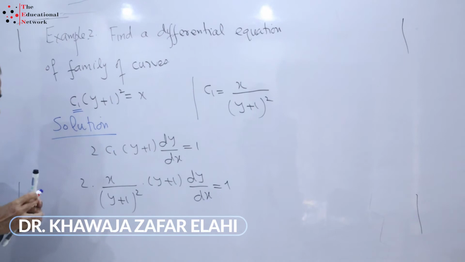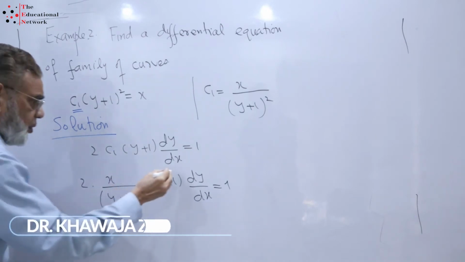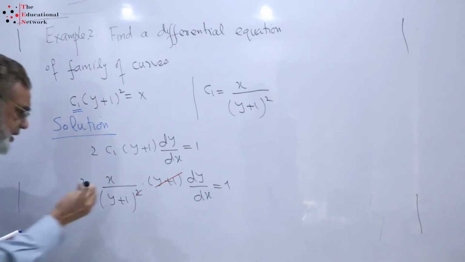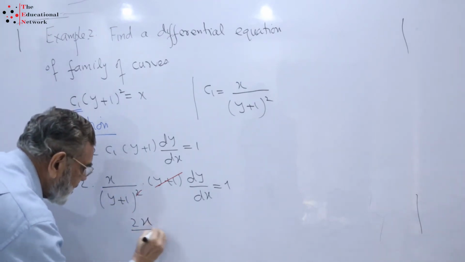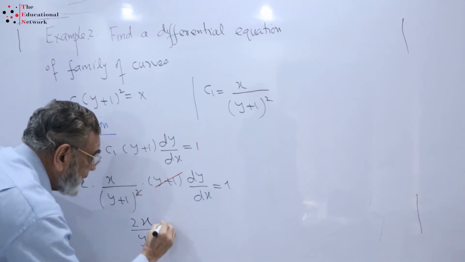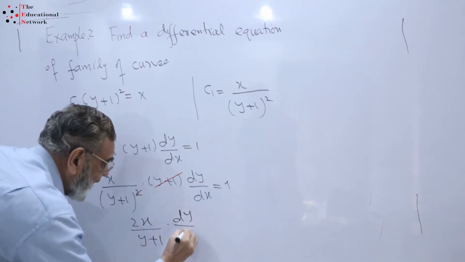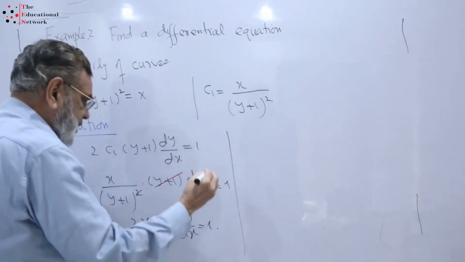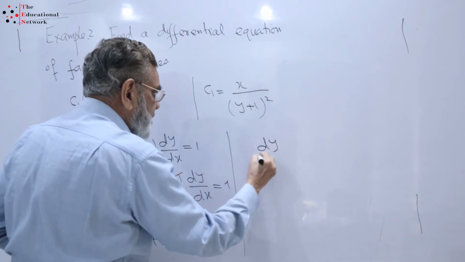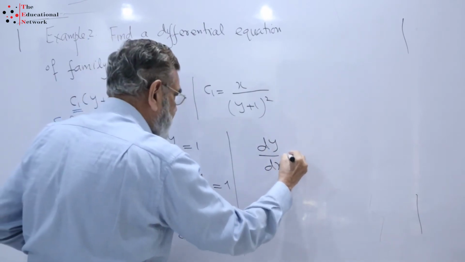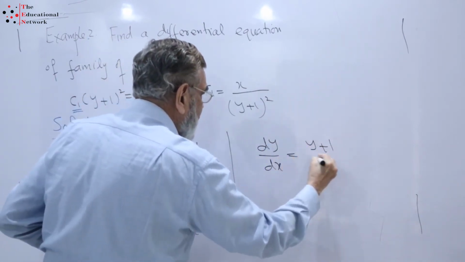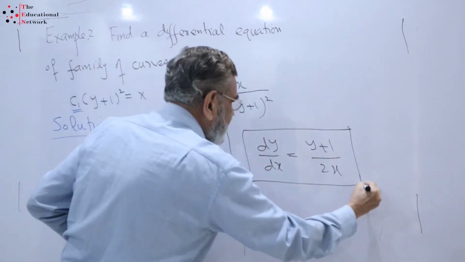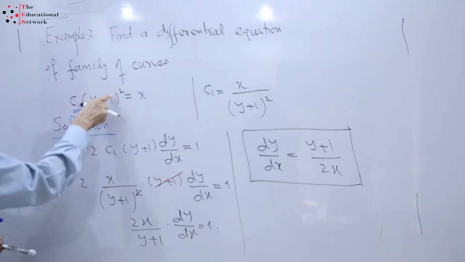We can cancel a y plus 1, and we get 2x over (y plus 1) into dy by dx is equal to 1. Rewriting that, we get dy by dx is equal to (y plus 1) over 2x, and this is our required differential equation for the family of curves c1 (y plus 1) whole squared equal to x.